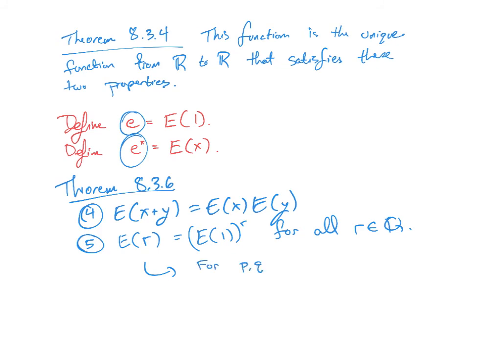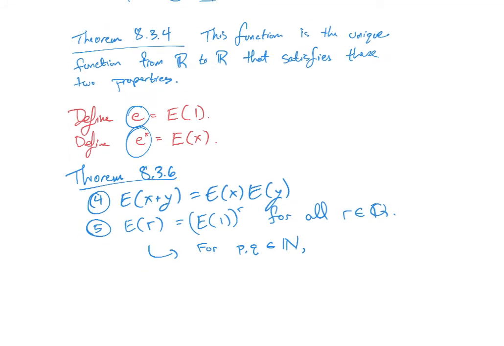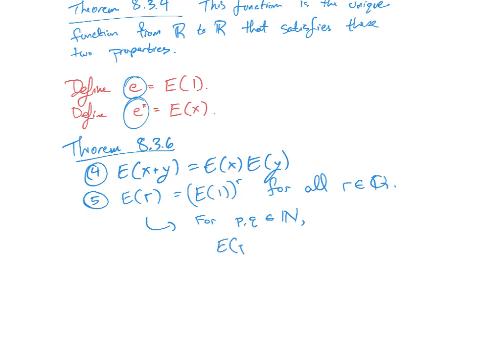For P and Q in, let's just take it to be natural for now, you say E of P is E of 1 to the P, and E of 1 over Q is E of 1 to the 1 over Q. So you prove it in two parts, and then you use the multiplication of powers, and you get it for all the rational exponents. Okay?